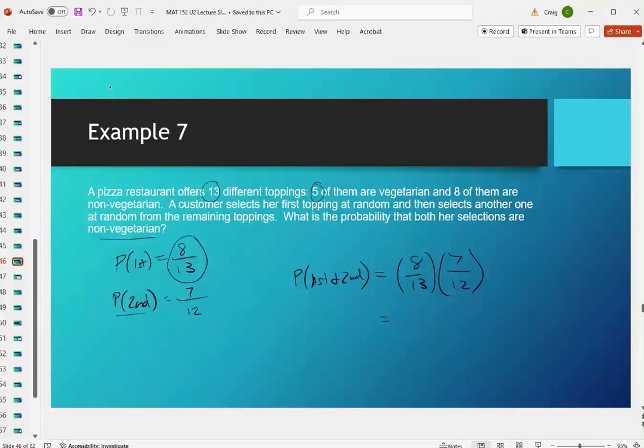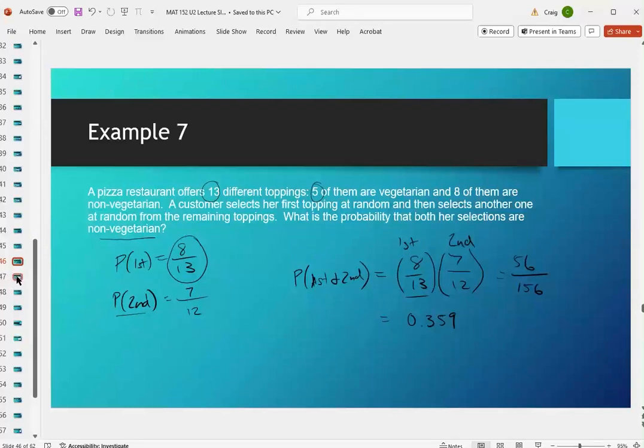Put that in the calculator. 0.359. It's 56 over 156. But notice that the first choice impacts the second choice. There are fewer things we can choose from now.